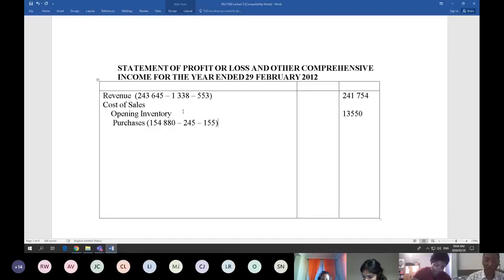We are looking for net purchases. The net purchases is equal to the amount of purchases minus purchases returns minus your settlement discount received, and that will give you purchases then of 154,480. That is your purchases amount.